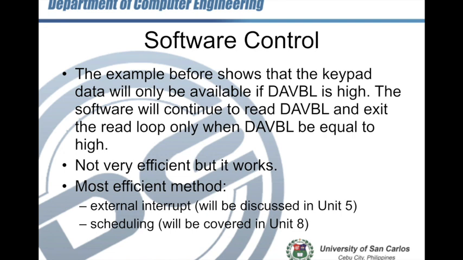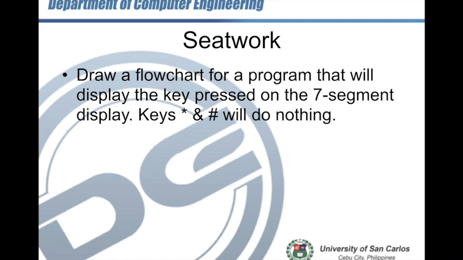reading the keypad data. So if you want to have fun, I can give you this sheet to work on, but this should not be submitted. You can draw a flowchart for a program that will display the key being pressed on a 7-segment display. The asterisk and pound keys will do nothing.